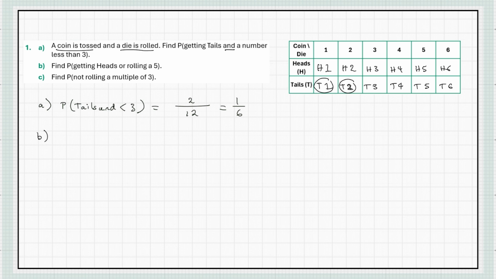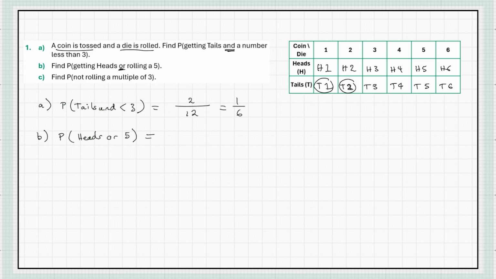Right, find the probability of getting heads or rolling a 5. This is different to and. So probability of heads or 5. Right, unlike the word and, or means it can be either.